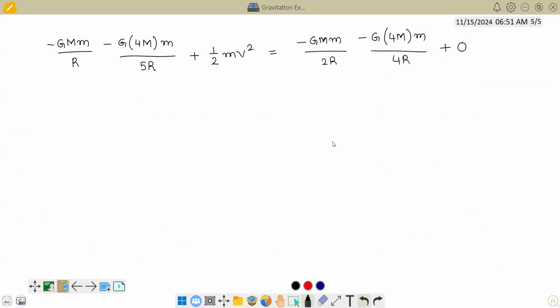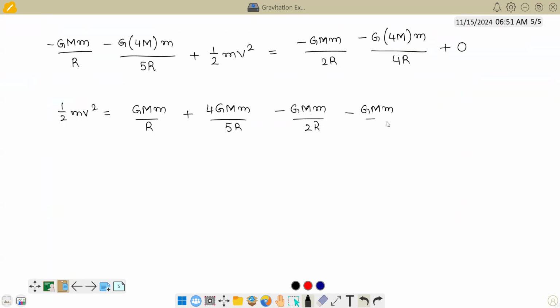Now we have to find the velocity value. Half mv squared equals GMm by capital R plus 4GMm by 5r minus GMm by 2r minus GMm by r.